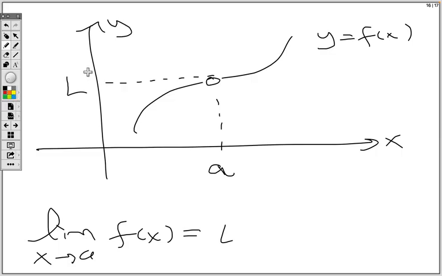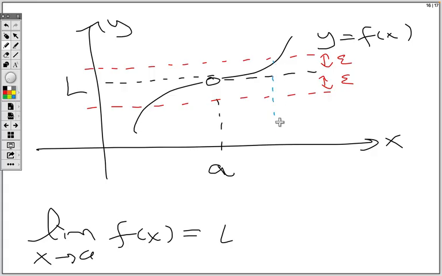Well, what we do is we let epsilon be the error here in the outputs. So we think of epsilon as an error. That's how far away from L we're allowing the outputs to be. And what that'll do is set up a little window around a.